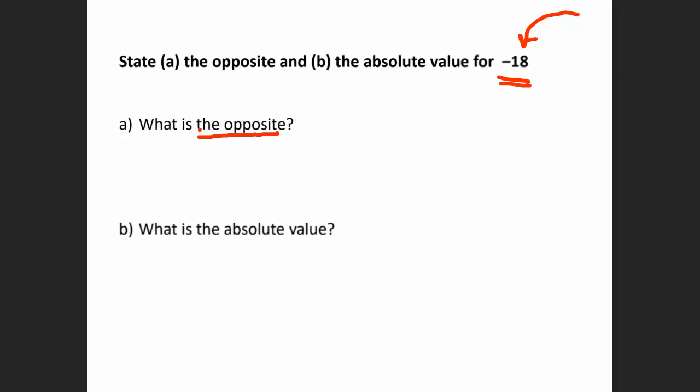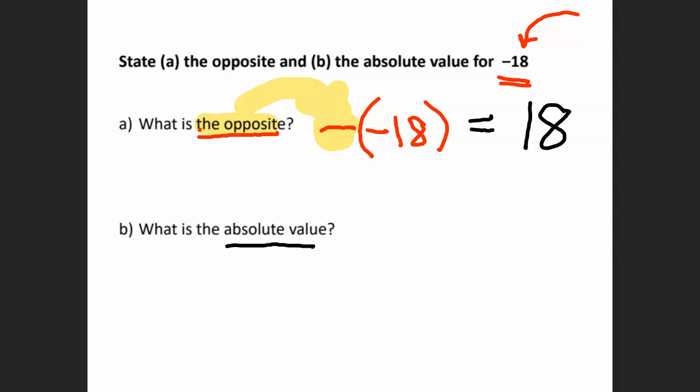Well, the phrase, the opposite of, is that negative sign, parentheses, in front of a negative 18. The opposite of what's in the parentheses is going to give us a positive number of 18.